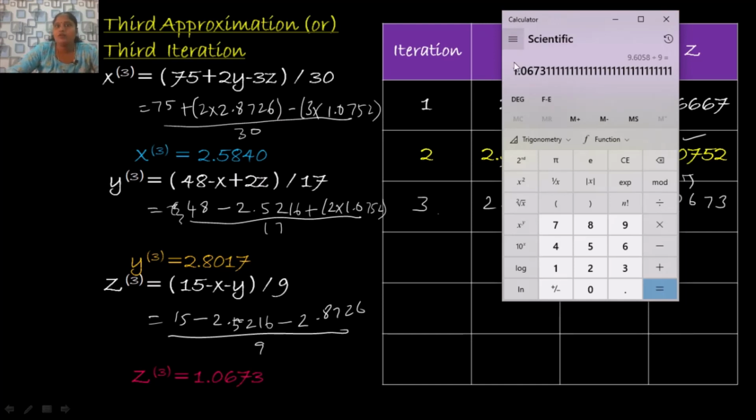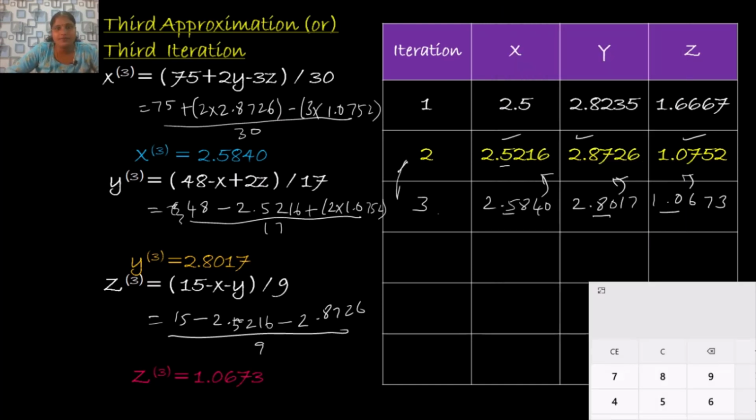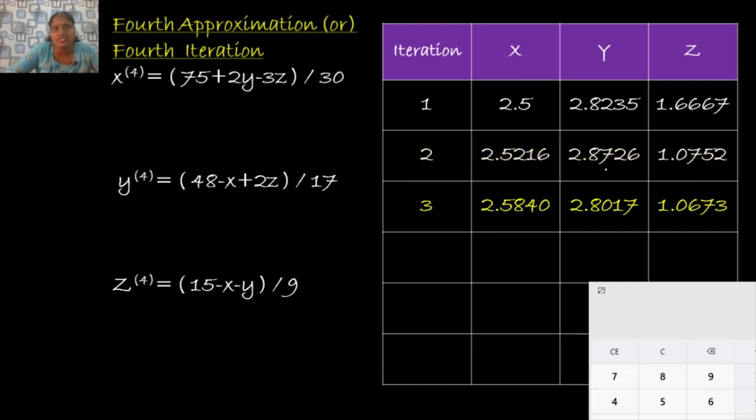Okay. Now since the values of second and third iteration values doesn't coincide with each other up to 4 decimal places, so we move on to the next iteration, that is the fourth iteration. In the fourth iteration, we make use of the third iteration values of x, y and z, that is the previous iteration value. So let me first calculate the value of x.